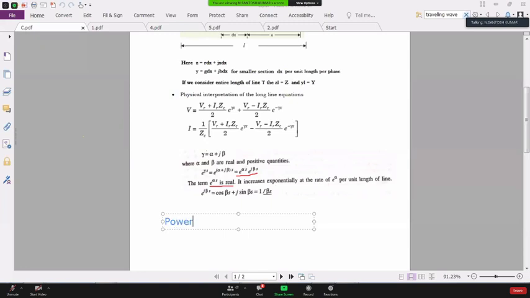I'm writing the point here. Power flows from sending end to receiving end. For our analysis, we have taken receiving end as reference.